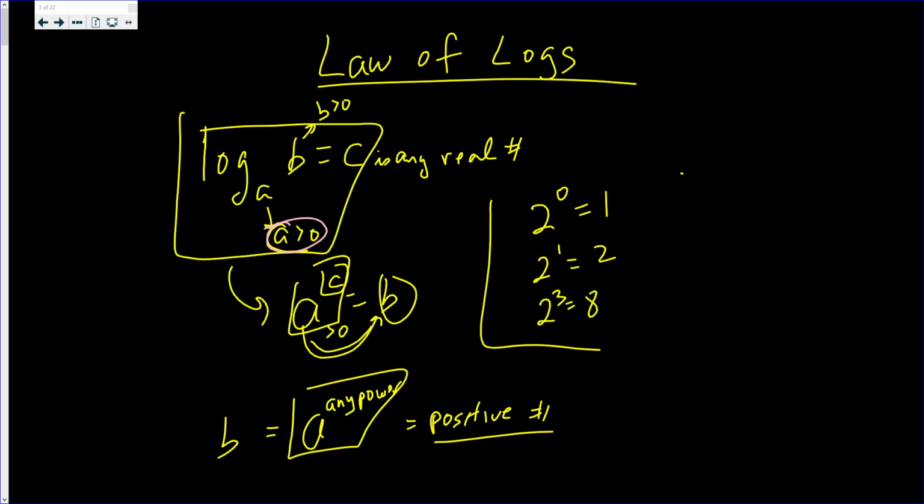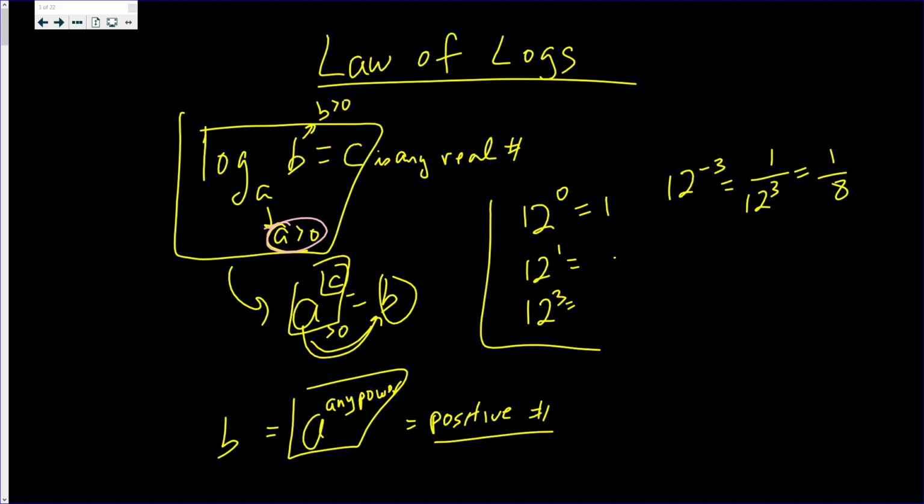You may say, well, what if the power is negative? Well, this becomes 1 over 2 cubed, which is positive. 2 to any power is positive. 12 to any power is positive.